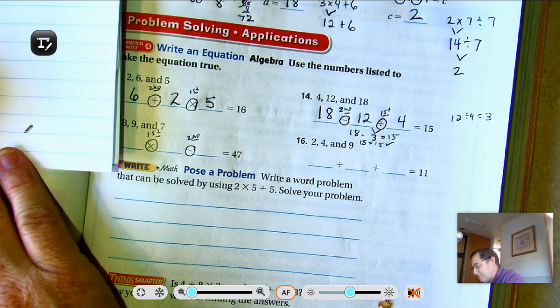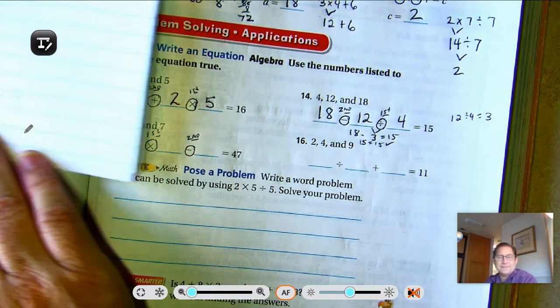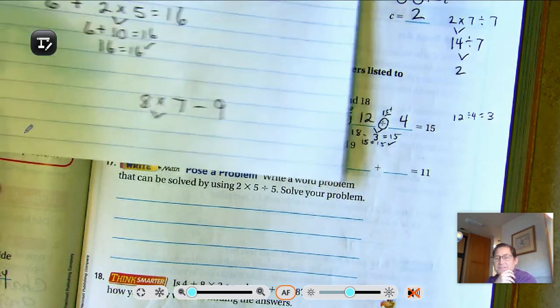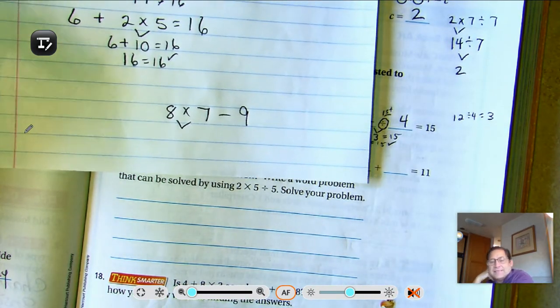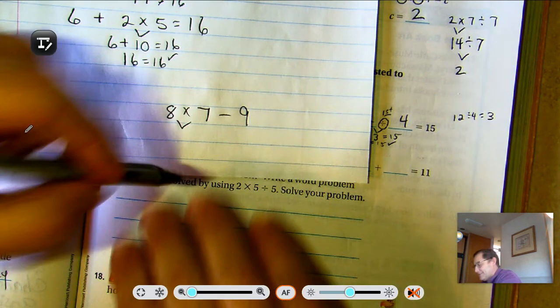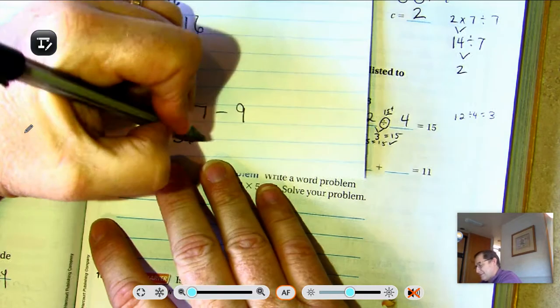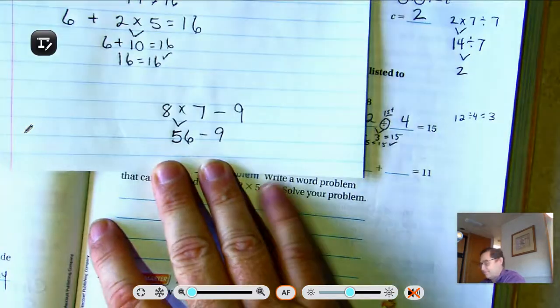8 times 7 minus 9. What is 8 times 7? 8 times 5 is 40. 8 times 6 is 48. 8 times 7 is 56, and then we'd have to subtract.